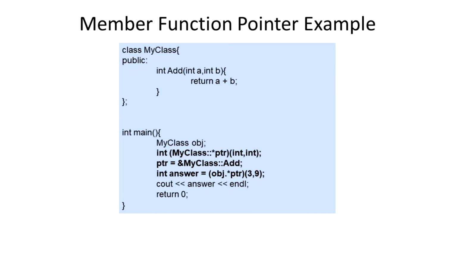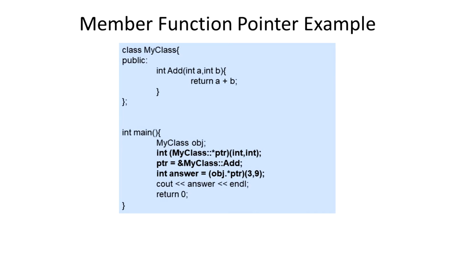And that's in the second line here, the first emboldened line, where notice we've got a similar format for declaring our function pointer. We start with the return type, which is int, matches the return type of the add function. And then the difference comes in the middle section, where we have to state the class scope. So notice there it's myClass, scope resolution operator, followed by the pointer name, which is asterisk, and then PTR in this case for the pointer name.